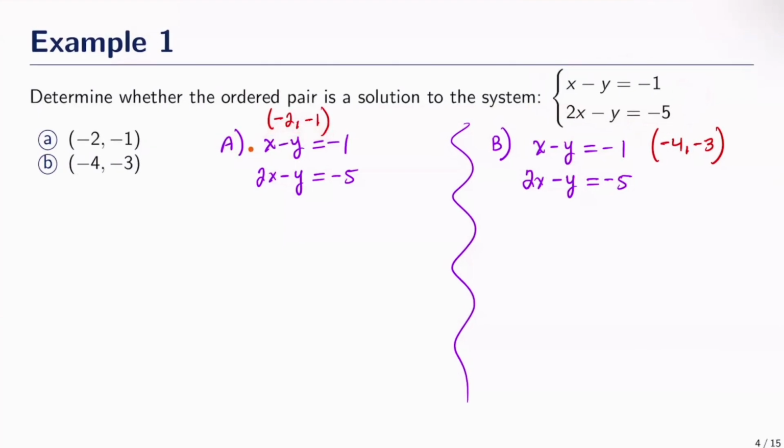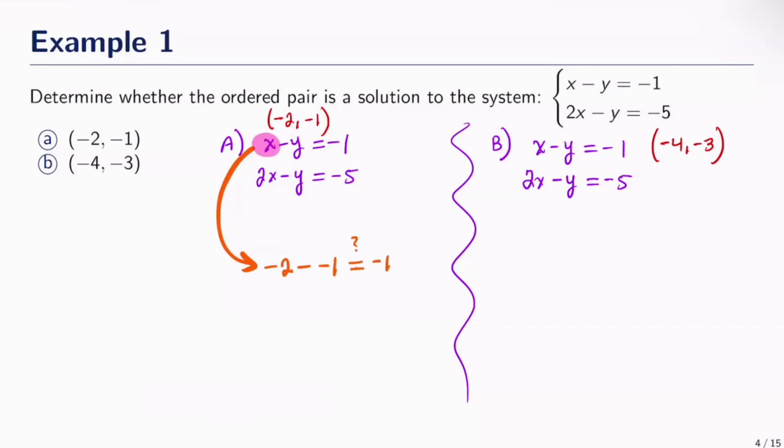Well, first, we're looking at x minus y is equal to -1, and we want to make those substitutions. Wherever you see an x, we're placing in -2. So we have -2 minus, and wherever we see a y, we are placing in a -1. Is this indeed equal to -1? And we test that out.